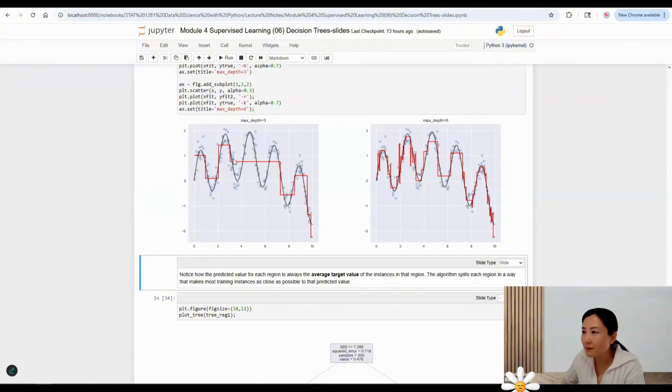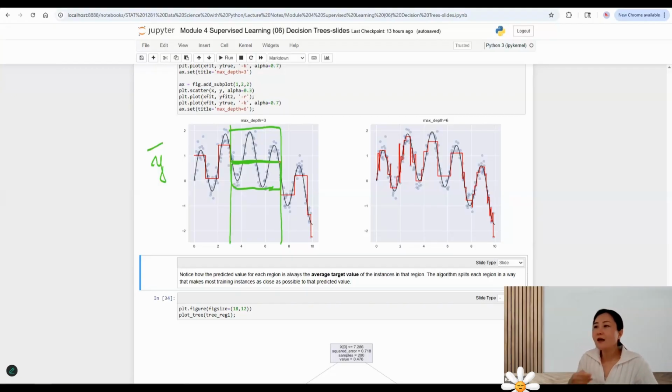Right? So for example, in this big region, you see we have a horizontal line here. So this is the average value of all of the observations in this region. So it's y bar, y bar.